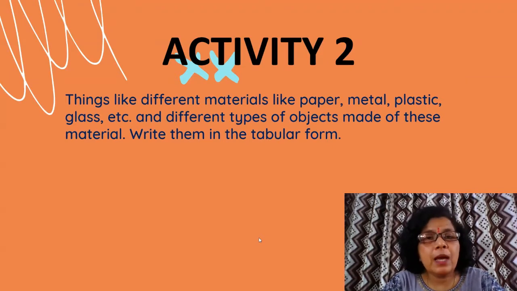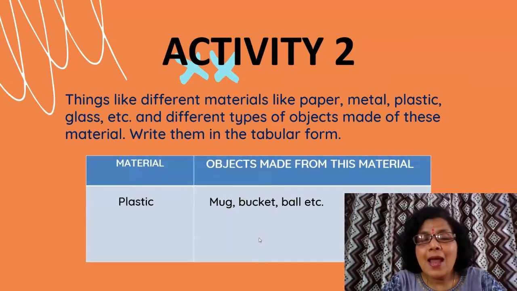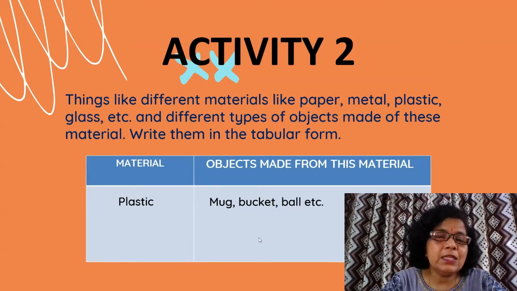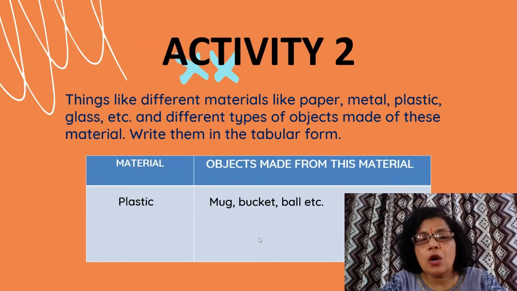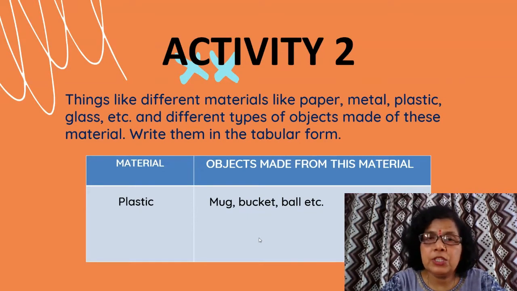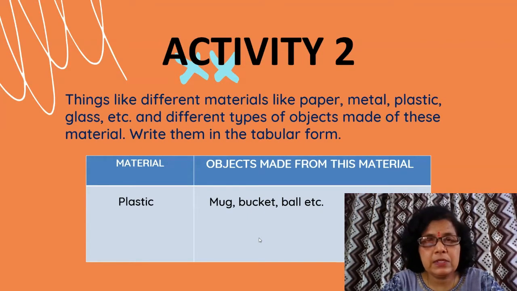Now again we will tabulate them, and in first column we will write the material by which those objects are made up of, and in second column we will write all the objects which are made up of that particular material, means examples.